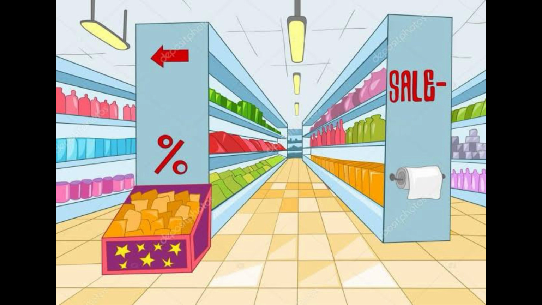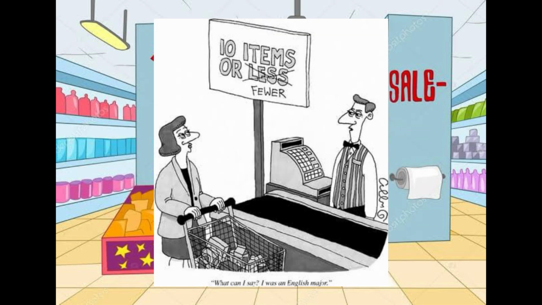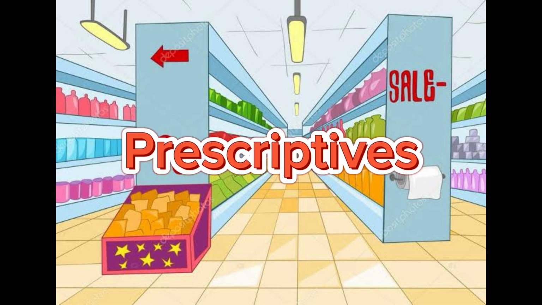Imagine you are queuing in a supermarket, and you notice a sign above the till that reads 10 items or less instead of fewer, which, as English grammar books will tell you, should be applied for quantifiable or countable objects. Prescriptivists think there's only one right way to speak and write, like following strict rules.